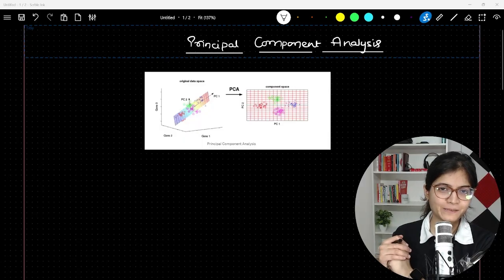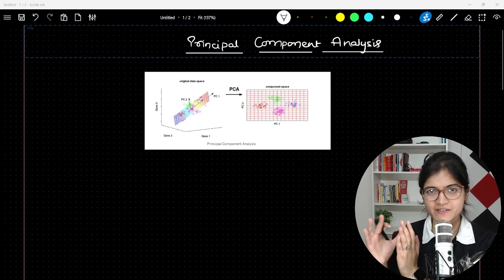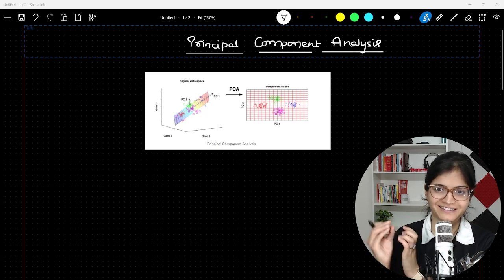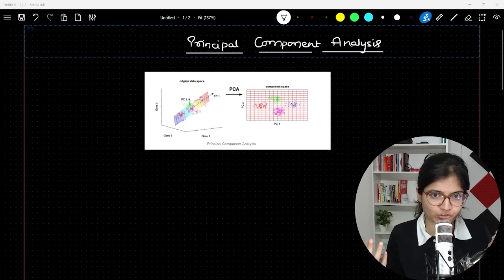So now let's deep dive into the mathematical intuition of PCA, principal component analysis. I hope it is pretty much clear that this is a technique which helps me to reduce the number of dimensions.